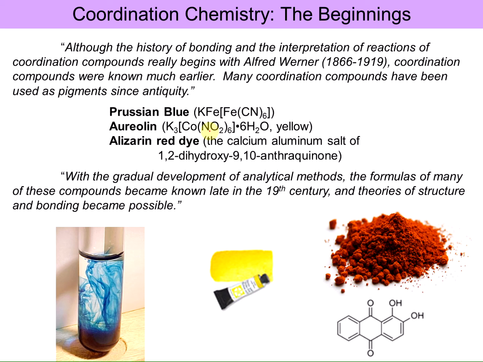This aureolin is a cobalt complex. And this red dye here actually contains calcium. With the gradual development of analytical methods, the formulas of many of these compounds became known in the late 19th century. And then once they knew the formulas, they could learn about the structure and how things are actually put together.